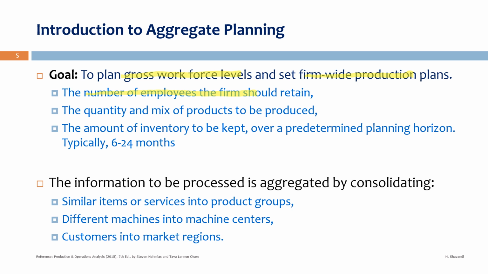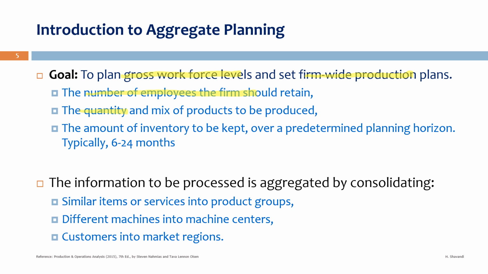So we'll consider new hirings maybe, or firing, and so on, to level the number of employees over the course of the planning horizon. Okay, and then we will talk about the quantity and mix of products to be produced.